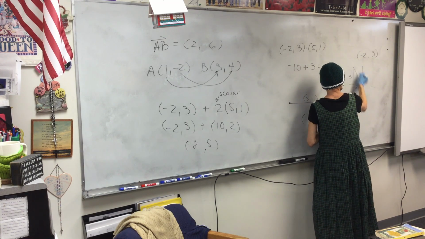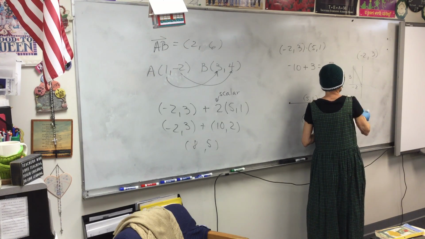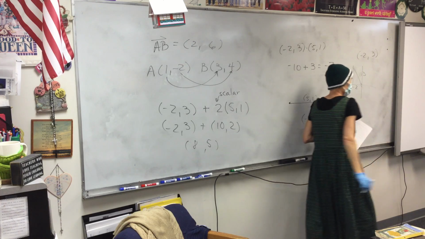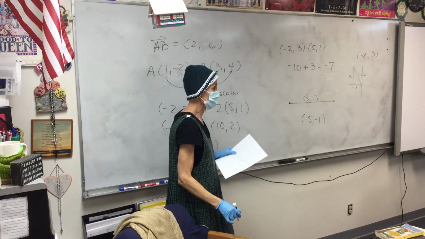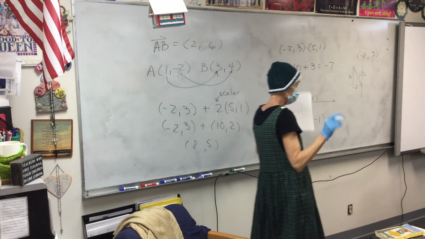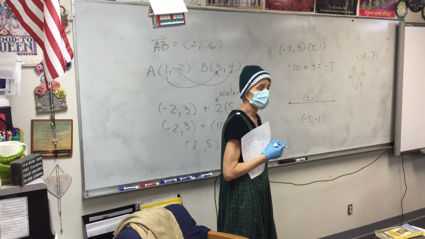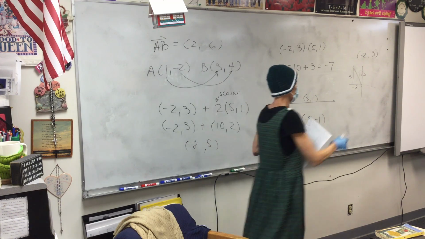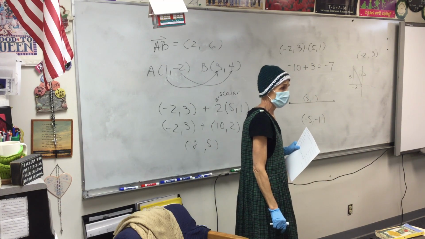Left 2, up 3. How long is that? Root 13. Remember, when we find the magnitude of a vector, you can, of course, draw a picture and do the Pythagorean theorem. If you happen to know the endpoints, the initial point and the terminal point, you can do the distance formula. Or you can just square, add them up, and take the square root every time.